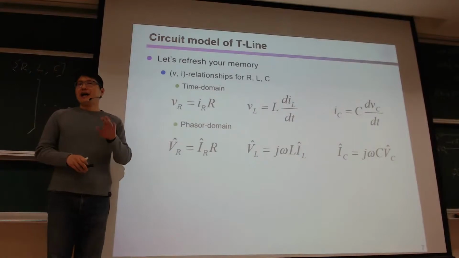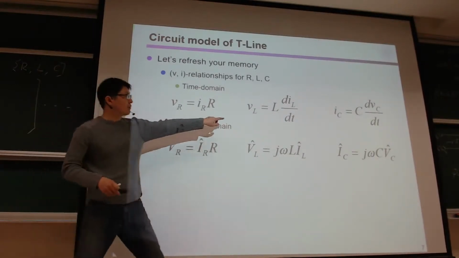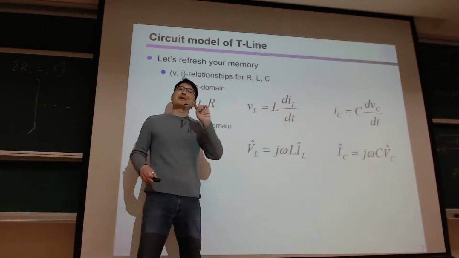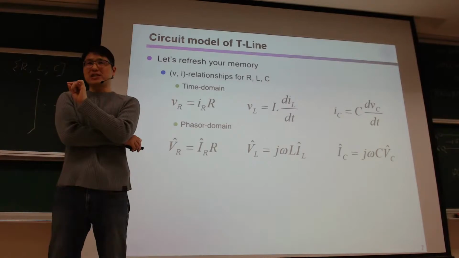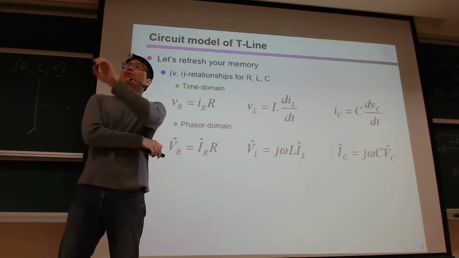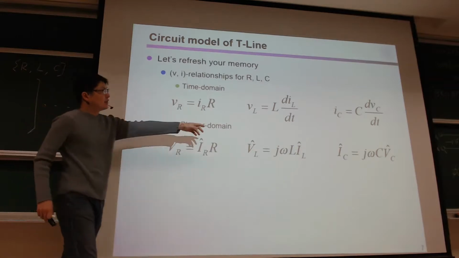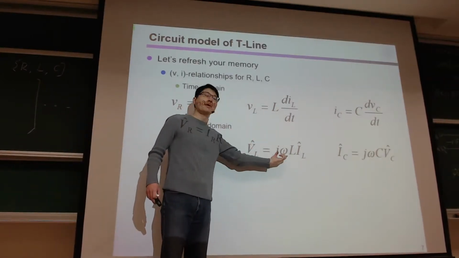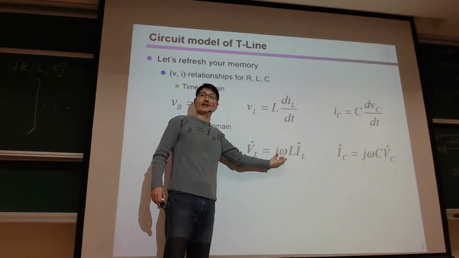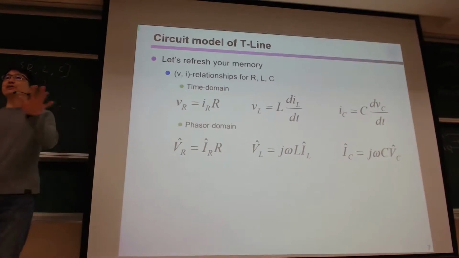But personally, I don't like to solve things in the time domain, because then you have differential equations. As we talked about on Monday, if we use the phasor representation, we convert everything into the frequency domain. Derivatives become direct multiplication by j omega, and then you don't have differential equations anymore.